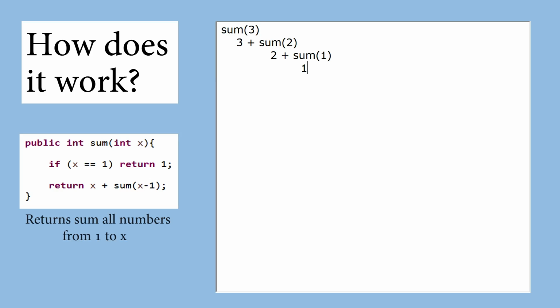It's just 1. So we can collapse this to just be 3 plus 2 plus 1, because sum of 2 is equal to 2 plus 1, and sum of 3 is equal to 3 plus 2 plus 1. And 3 plus 2 plus 1 is equal to 6.